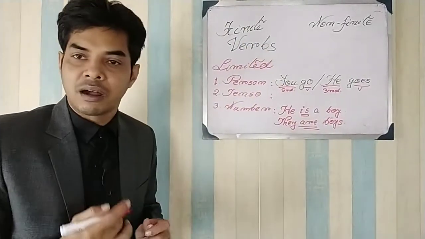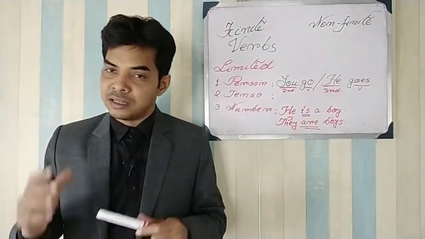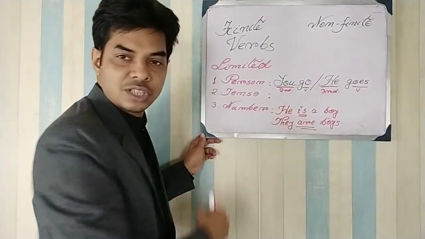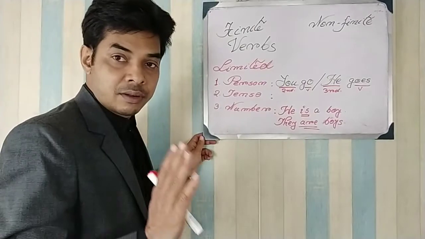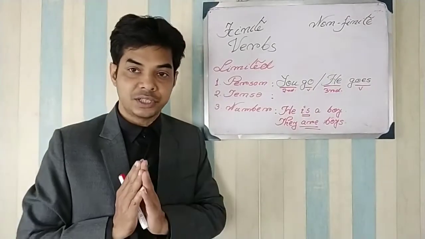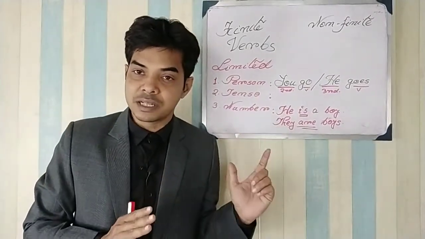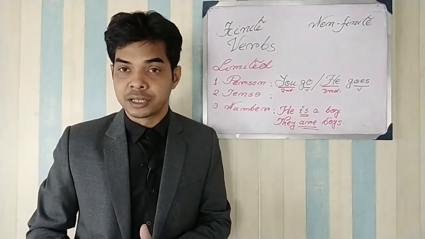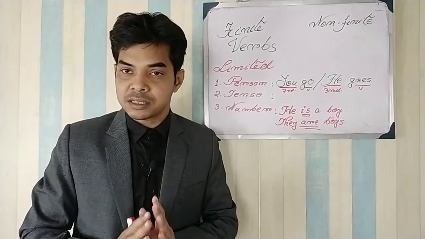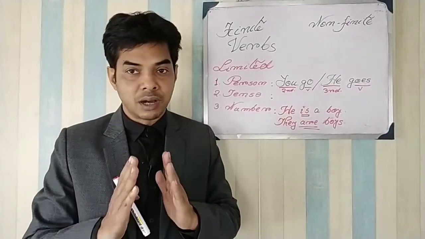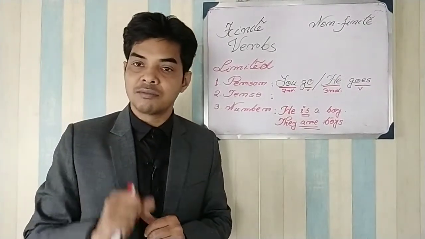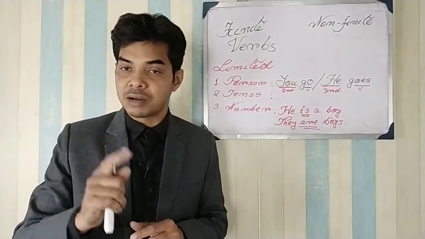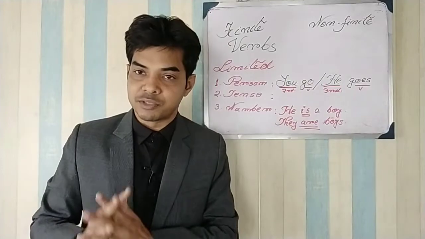So here I am using are. So when the number of the subject changes, the form of the verb is also changed. So finally, we come to the decision that this verb is limited in terms of the number of the subject. So 2 points have been discussed. The first point is the verb is limited in terms of the person of the subject. The verb is limited in terms of the number of the subject.